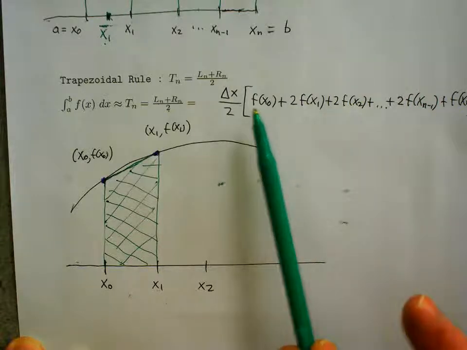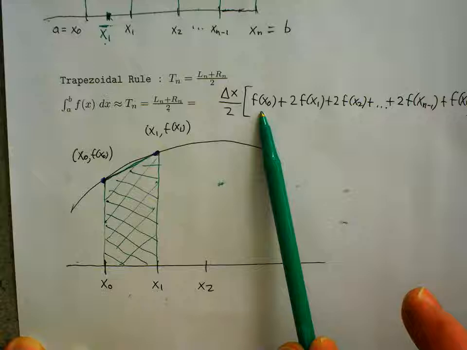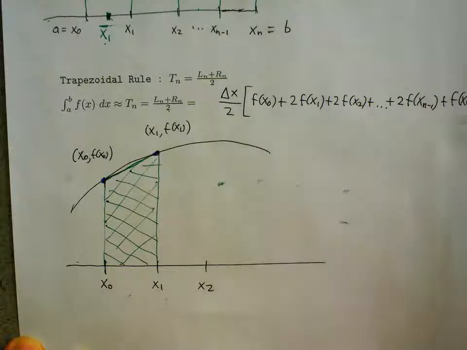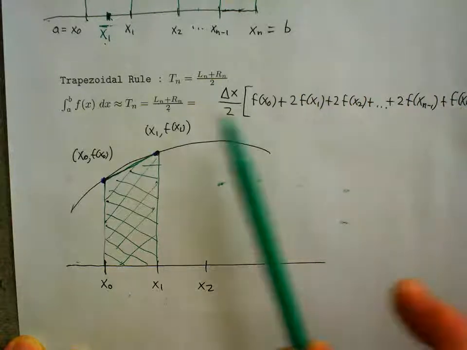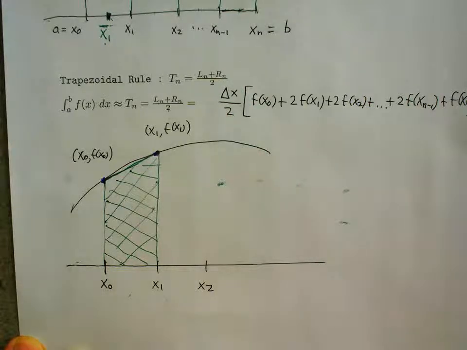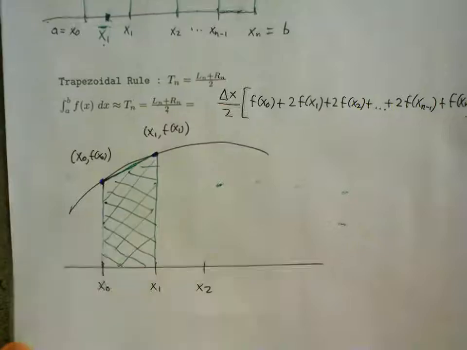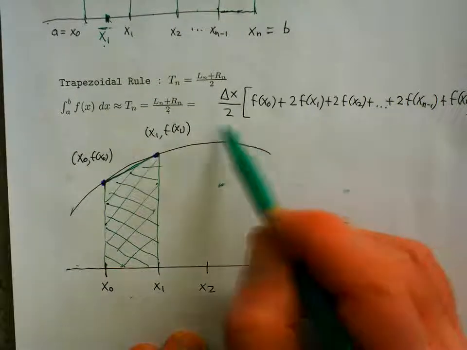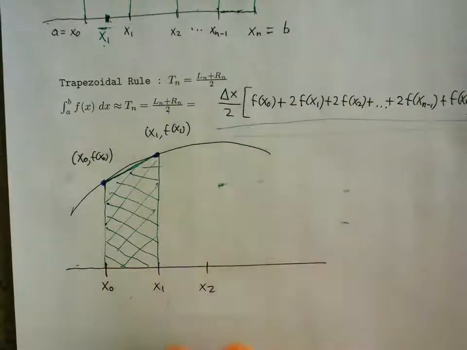And the farthest left endpoint only occurs once. f of x sub 0 occurs once. And the same with the rightmost endpoint, f of x sub n. And then you're taking the average, so delta x divided by 2. But this formula is not too hard to memorize.